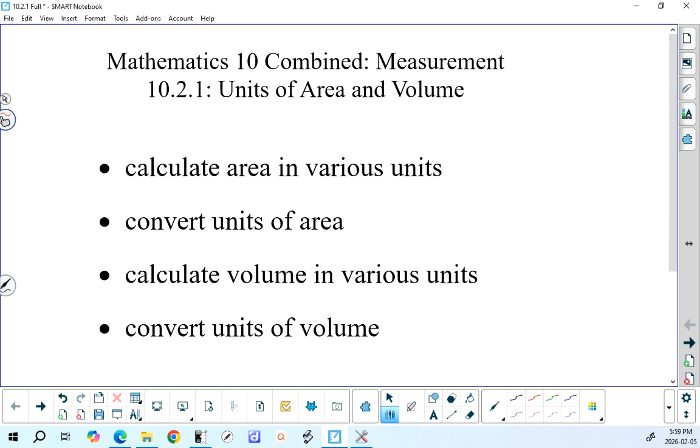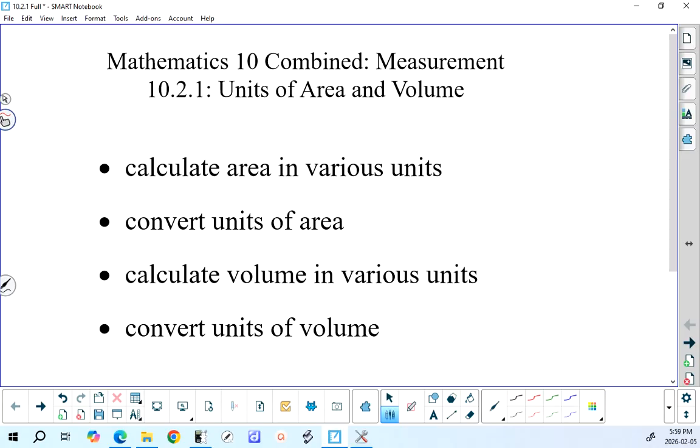So for example, how many square feet are there in 12 square meters? That kind of question. And we already have some skills in our tool belt that deal with converting length units, but we haven't discovered how to do it for area yet, or volume.